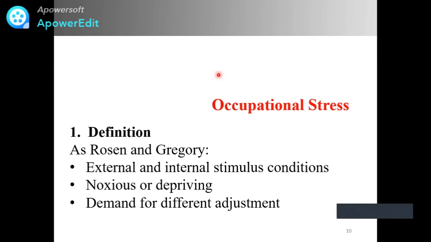Because of those demands we have to make another adjustment, and that is the stress. External or internal stimulus means stimulus conditions; noxious or depriving means things that harm or deprive.